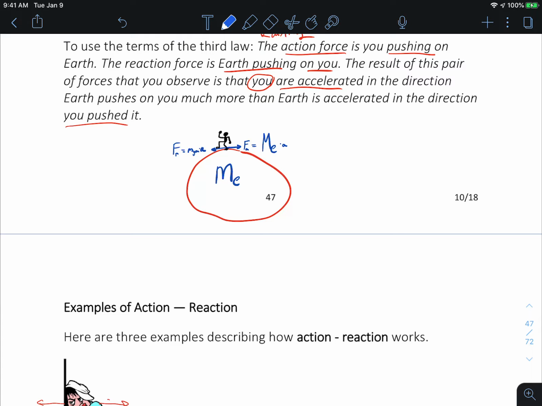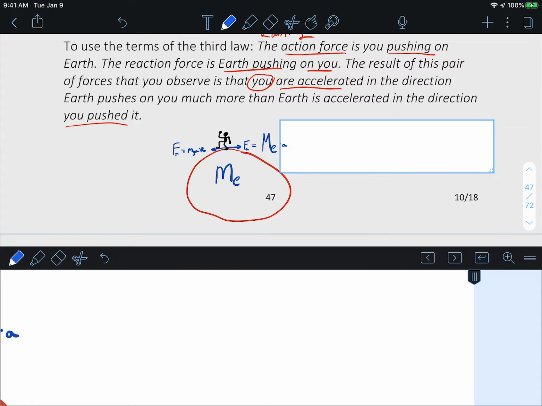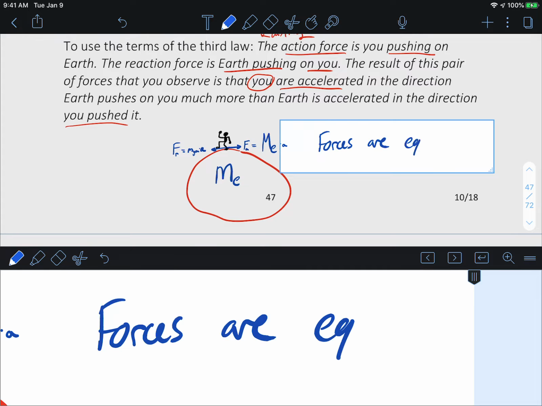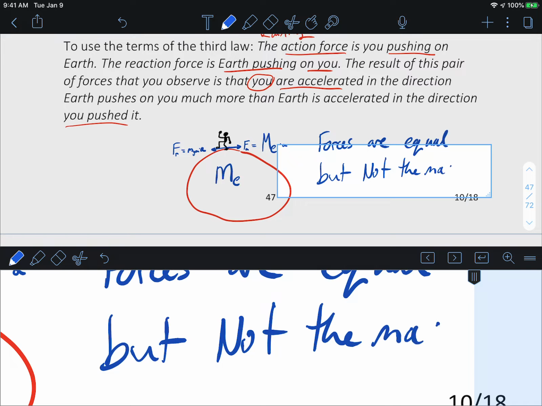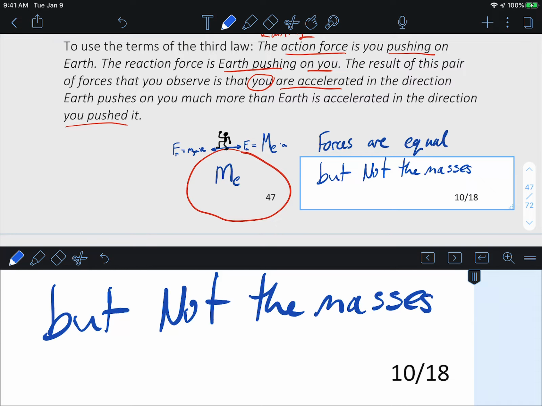If the forces are equal, but the masses are not, then the accelerations are not equal. So the forces are equal, but not the masses being acted upon.